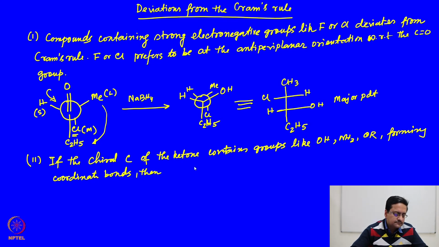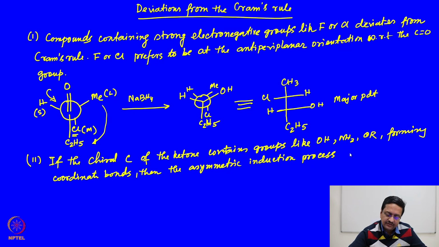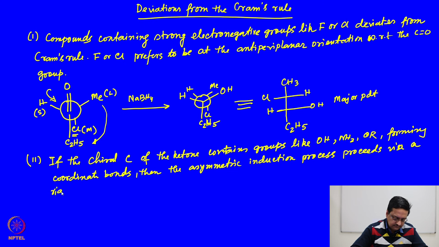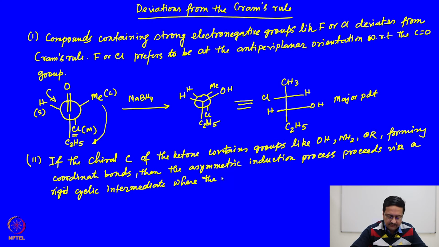Then the asymmetric induction process proceeds via a rigid cyclic intermediate where the reagent is doubly coordinated.